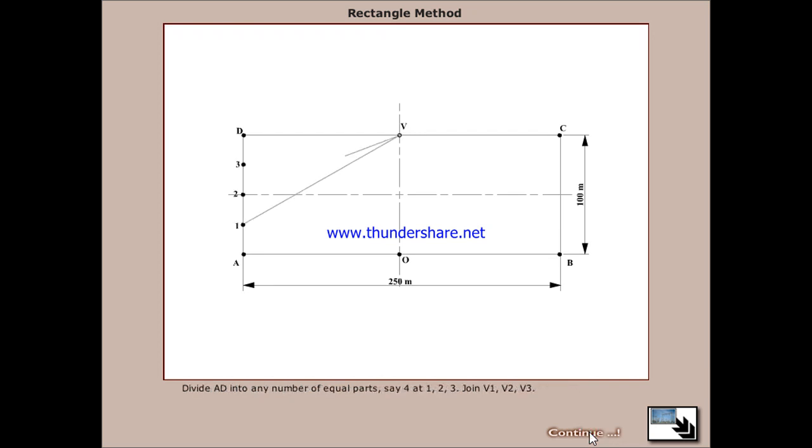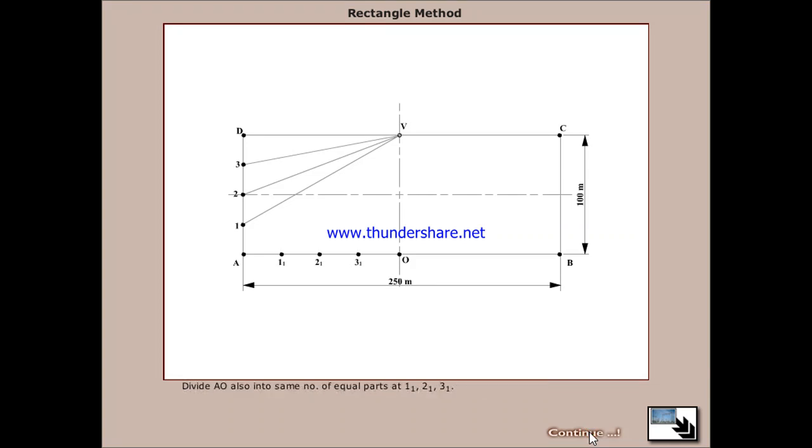Divide AD into any number of equal parts, say 4, at 1, 2, 3. Join V1, V2, V3.